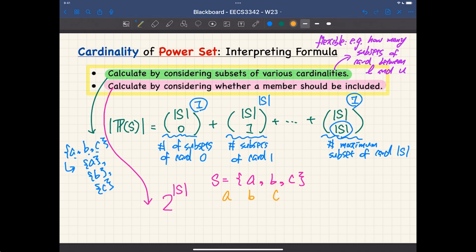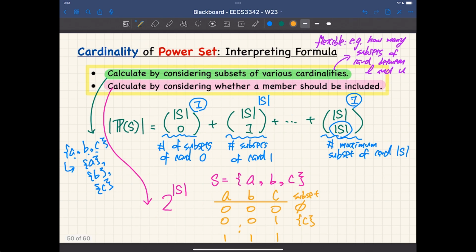So if you try to do the binary number, it's going to be something like this. If you say 0, 0, 0, that means you don't include any one of them. That will correspond to the empty set, right? If I do 0, 0, 1, it's going to be the subset just C. That's just another way to systematically enumerate all the subsets. And if you go all the way, what will be the last one? 1, 1, 1.